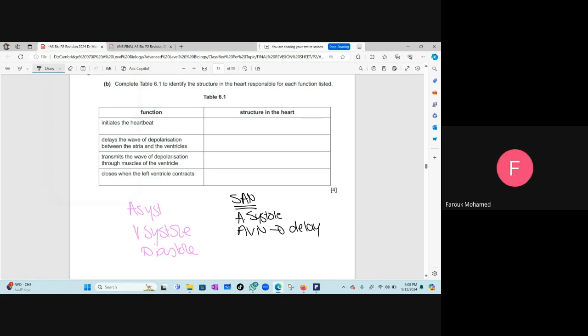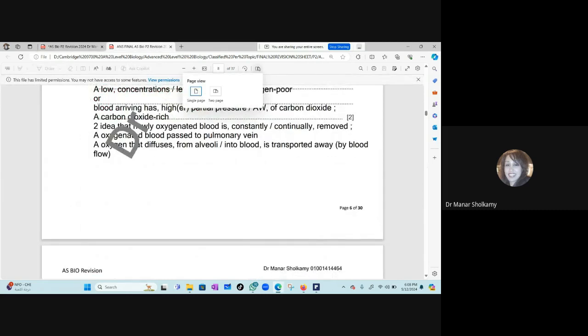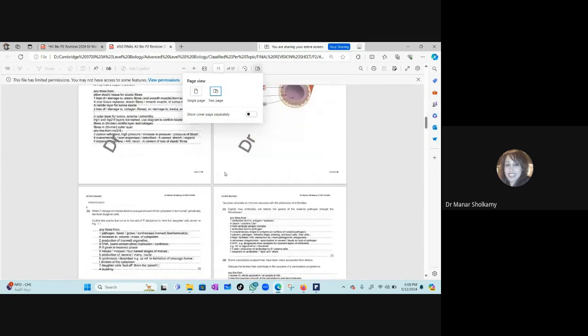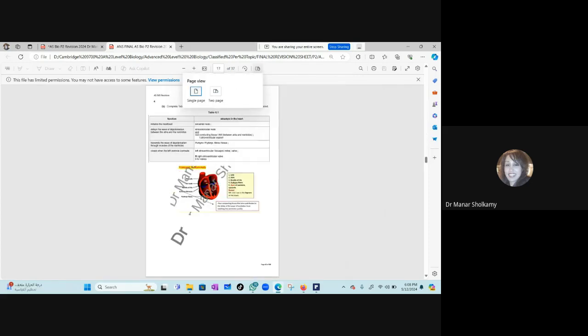Now, something else causes a delay, and I told you to add it. The bundle of His? No. Something else helps in the delay. I sent you the image and I told you to add it, but you don't listen. What is it? There is a tissue, a fibrous tissue between the atria and the ventricles, called the annulus fibrosus.